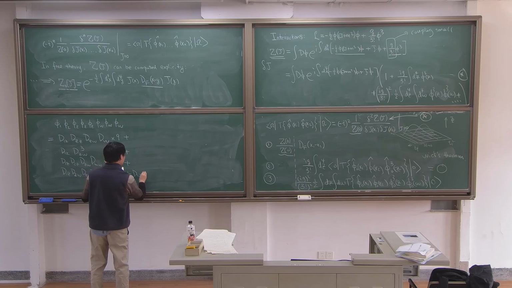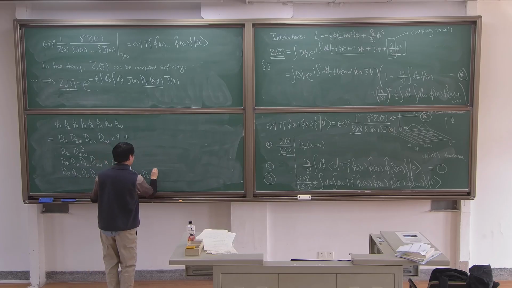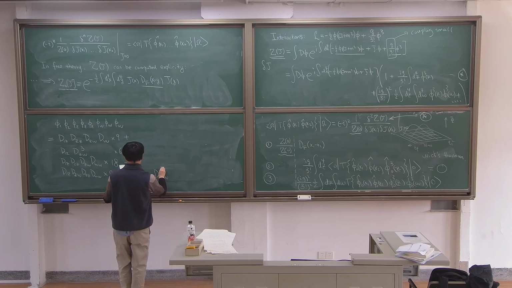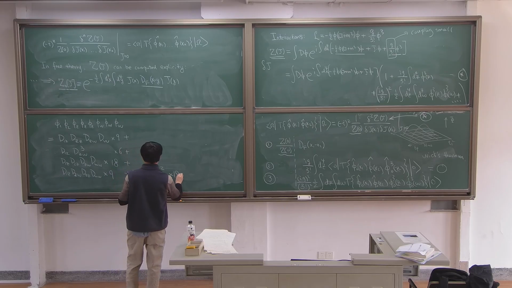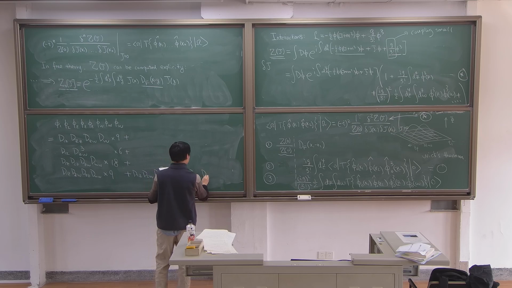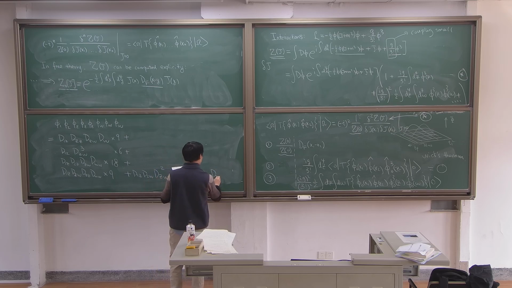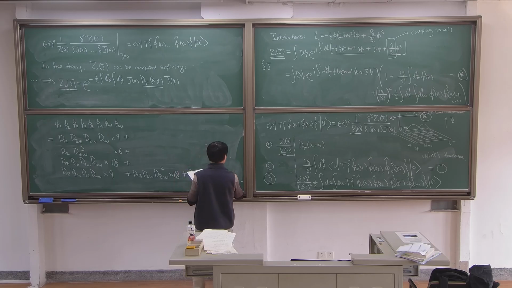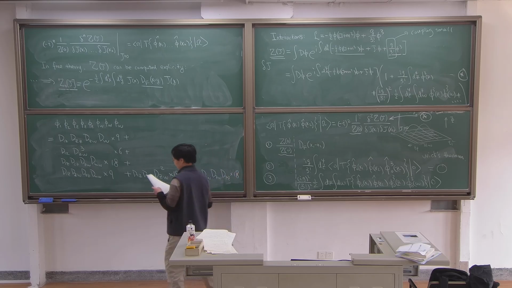D1Z, D2W, DZW plus U18, okay? Plus D1W, D2W, DZW, DZZ. You have 18, okay?